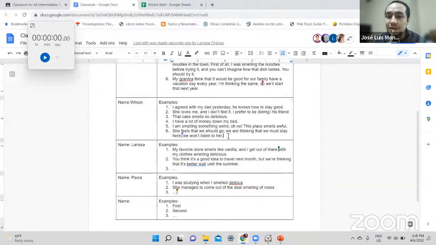Here, if you say we are thinking that we must stay here, can you replace think for believe over there? Or do you believe that that's more a consideration? What do you say? What is the best replacement here, Wilson? To consider that, or to believe that you also should stay or must stay there?